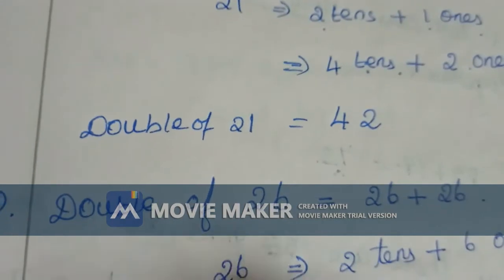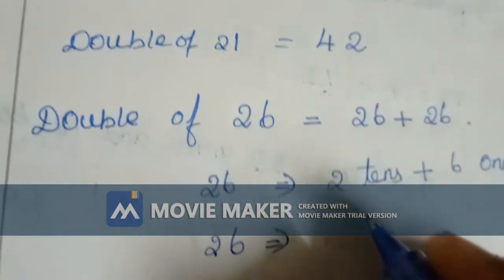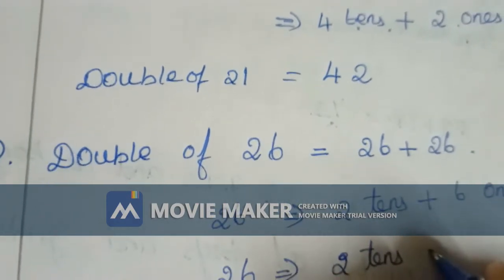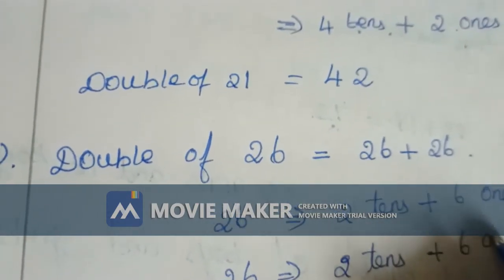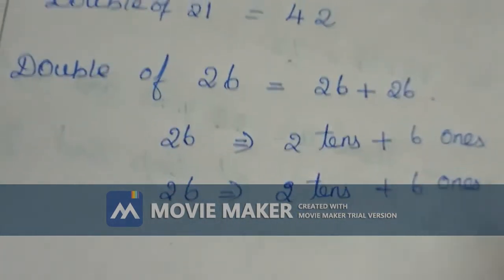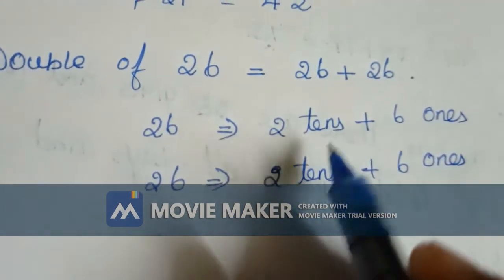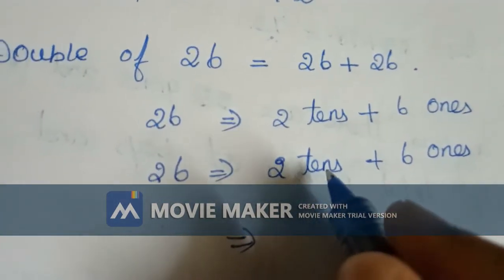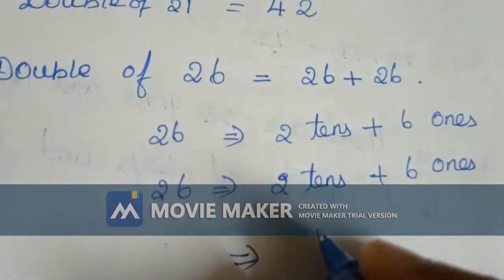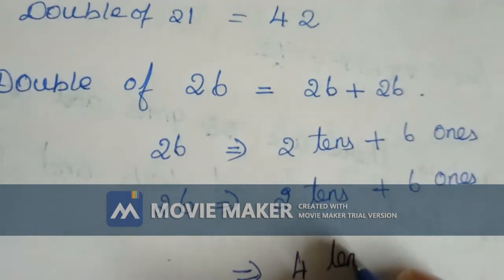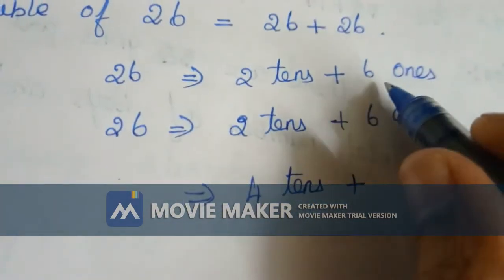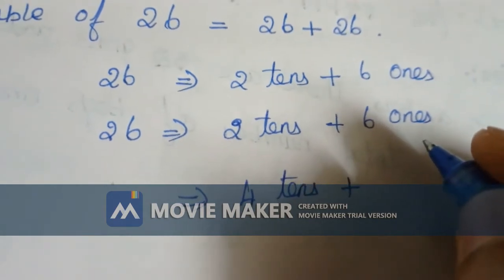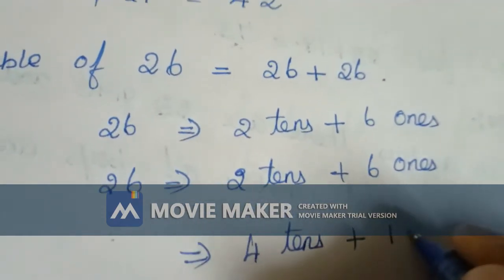Again you can write 26 as 2 tens plus 6 ones. Now you have to add these two numbers. So 2 tens plus 2 tens, 2 plus 2 gives us 4 tens, then 6 ones plus 6 ones gives us 12, isn't it? 12 ones.